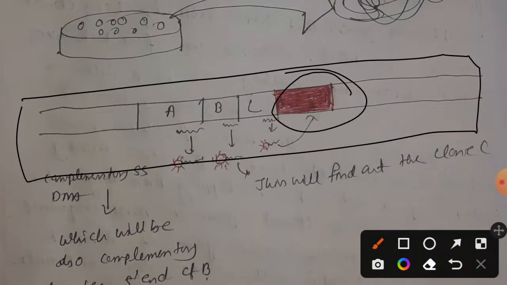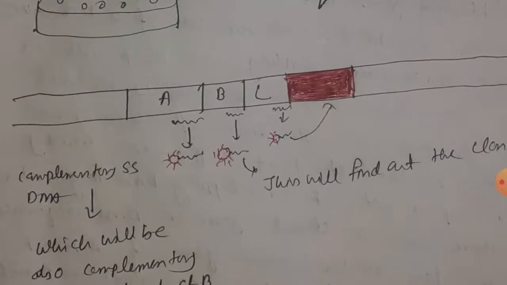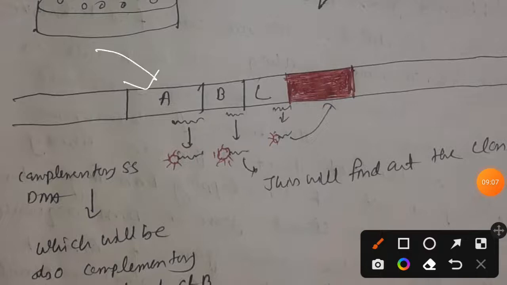I want to find this gene and its entire sequence. With the help of the chromosome map, I have found that gene A is the nearest sequence which has been previously sequenced.